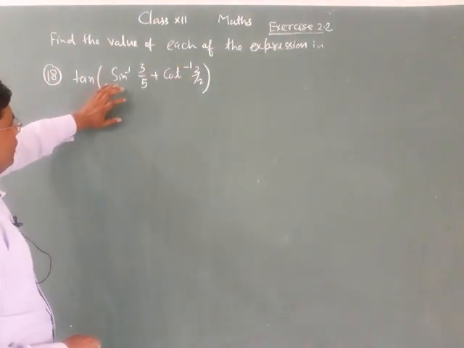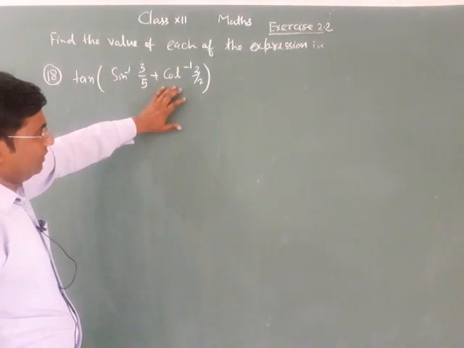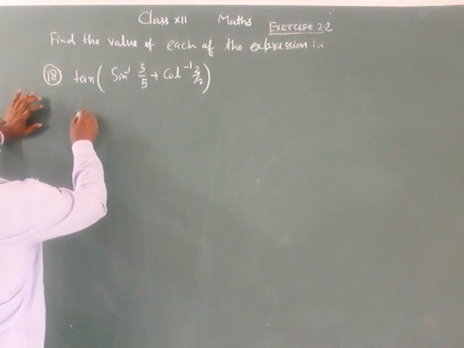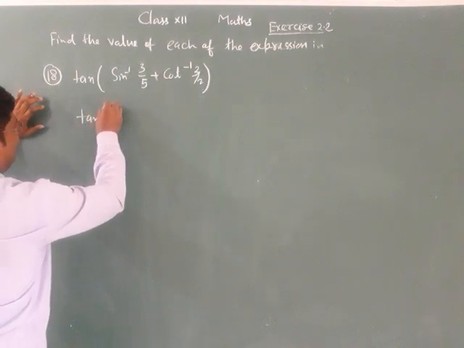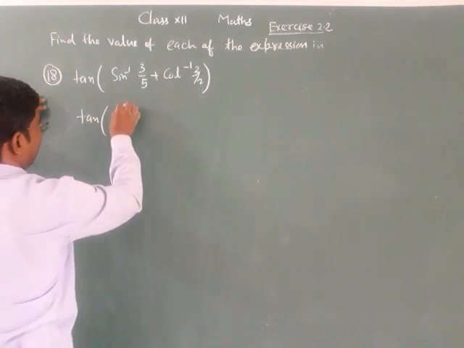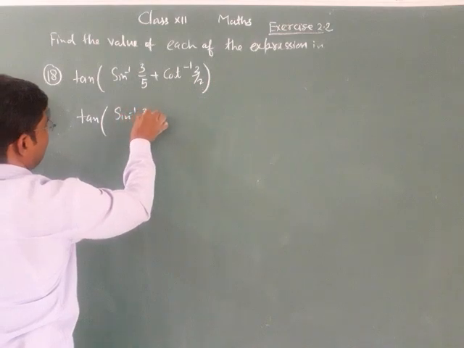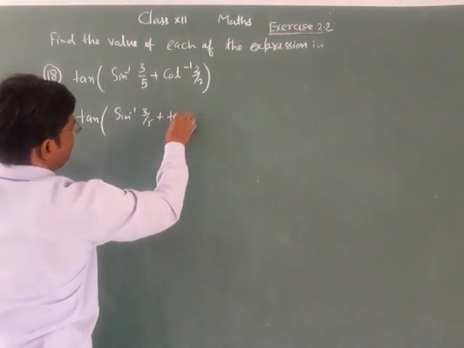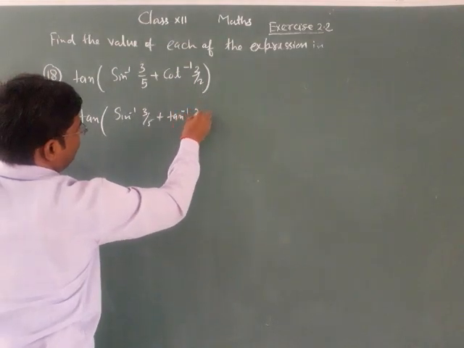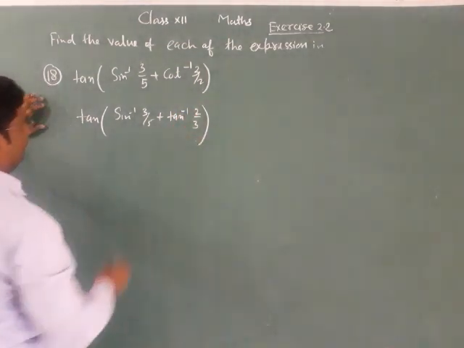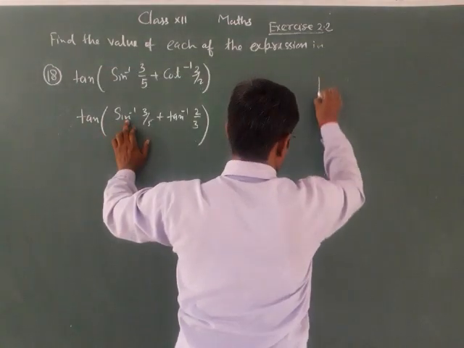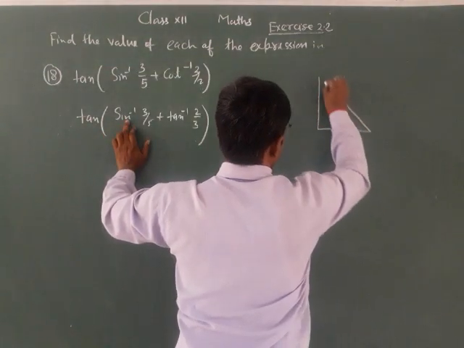So now change tan and also tan. So now tan, sin inverse 3 upon 5 plus cot change to tan inverse 2 upon 3, and also change this with the help of trigonometry.